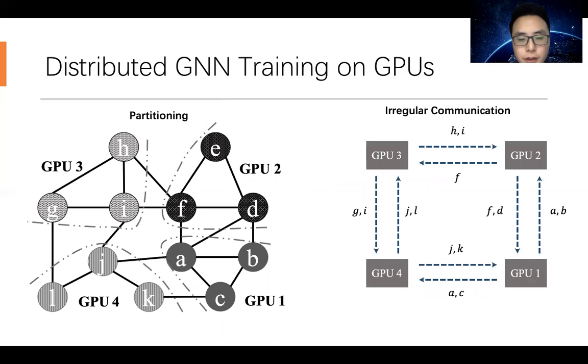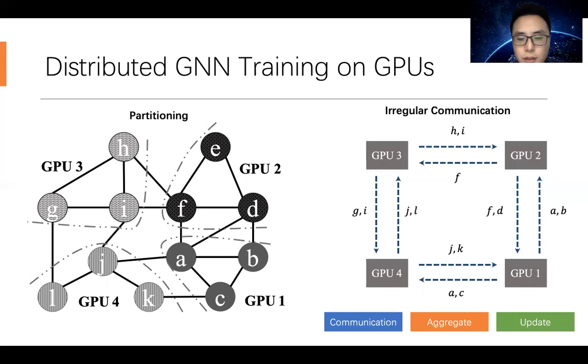Therefore, to guarantee computation correctness, each vertex needs to fetch its neighbors on other GPUs before the aggregation. Specifically, GPUs need to perform an irregular communication to fetch the features of some vertices from others. So in the distributed setting, the computation pattern of one GNN layer is changed to communication, aggregation, and update.